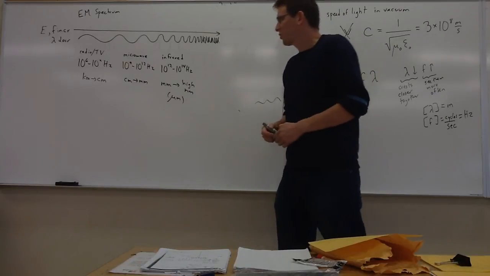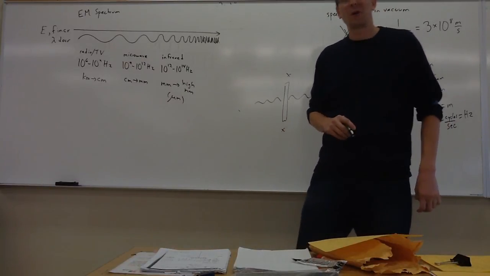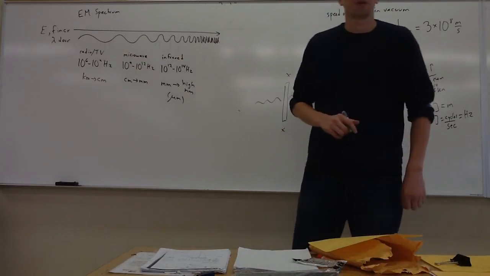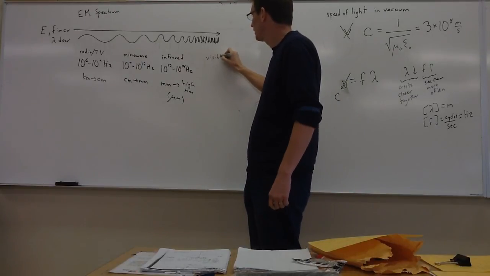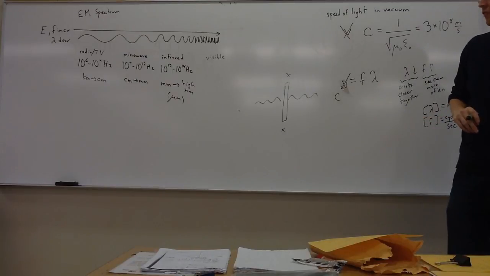So then we get, of course, to the very special narrow sliver of the electromagnetic spectrum. If it goes into your eye, then you can experience it, your brain can interpret it. That's visible light, okay? This is not several orders of magnitude here.